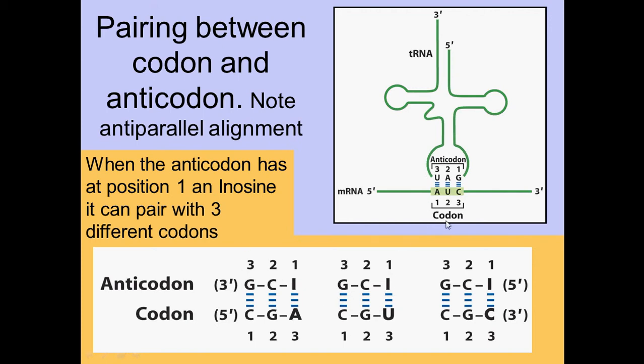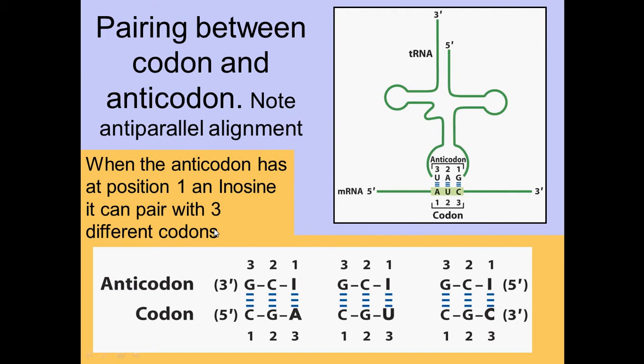The anticodon and the codon over here. We have the anticodon because we're reading it 3' to 5' UAG, and then on the codon you have AUC.